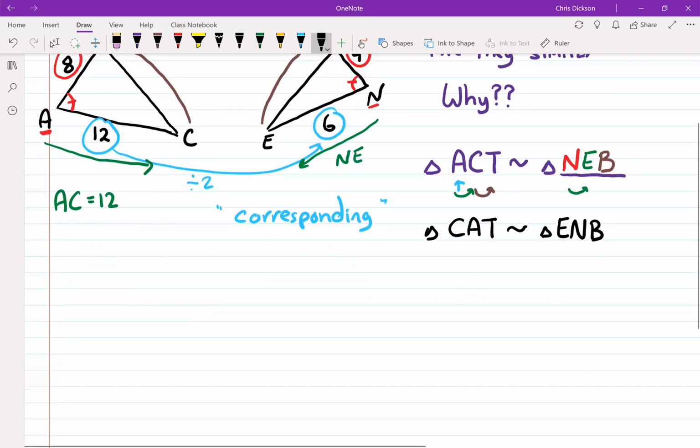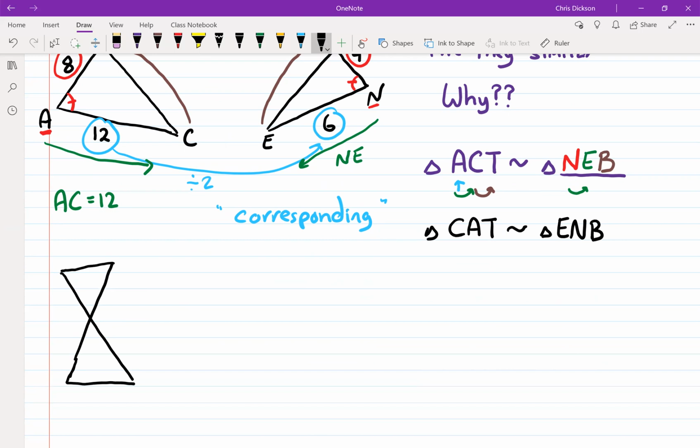Okay, so let's try one like this here. And let's say you're told this side is 12.